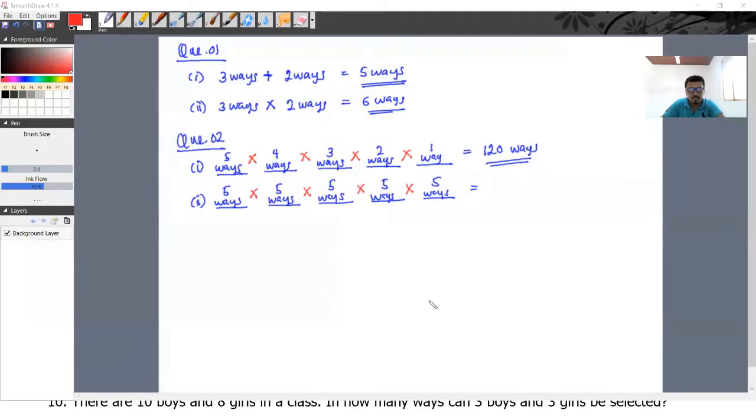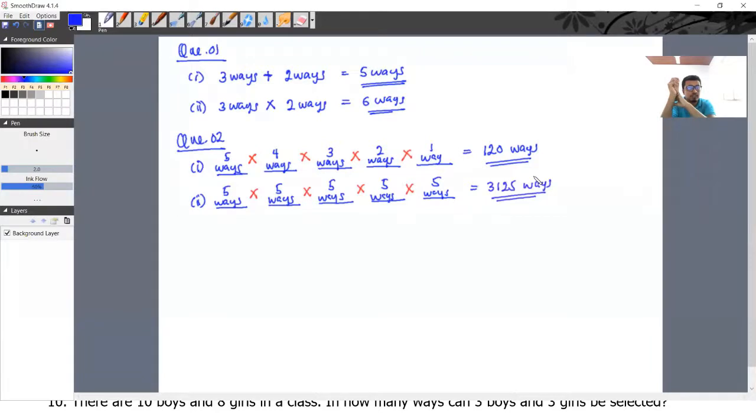Yes, 3125. Right? 3125 ways are there. If the repetition is allowed, we have 3125 options.